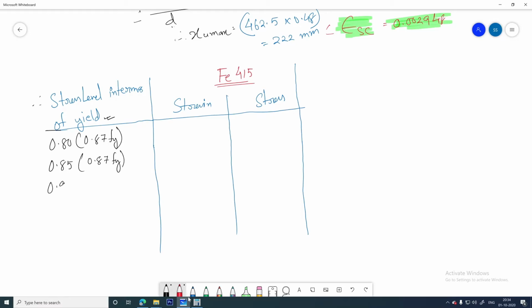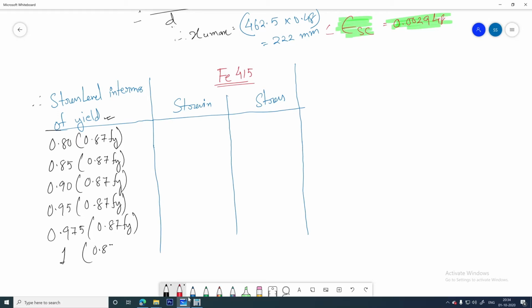Third one, 0.90 into 0.87 Fy. Then 0.95 into 0.87 Fy. Then 0.975 into 0.87 Fy. Finally 1 into 0.87 Fy. Very much clear to all of you?